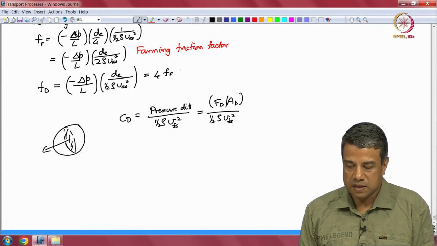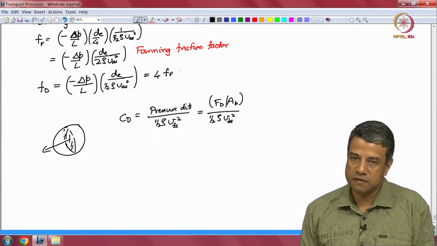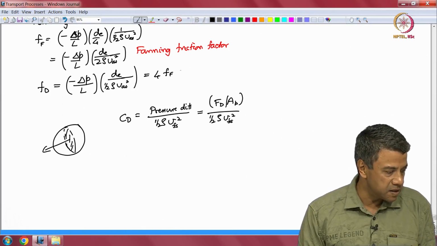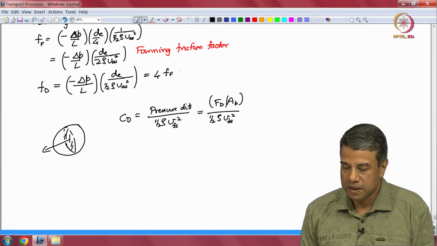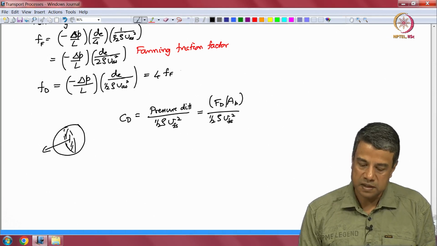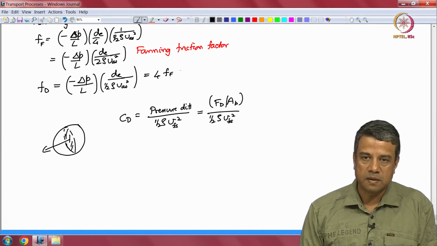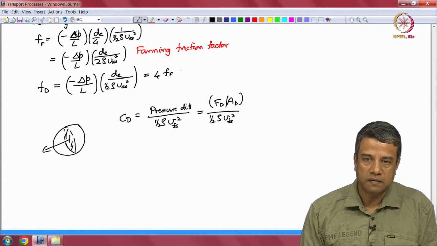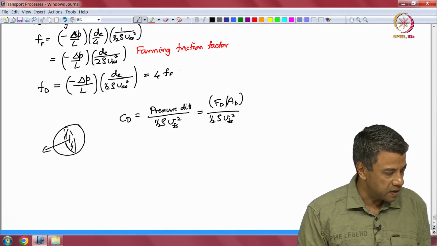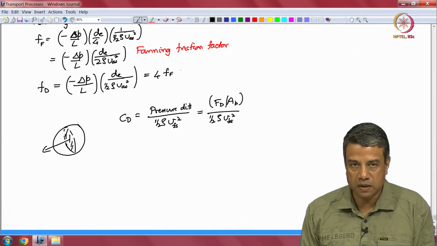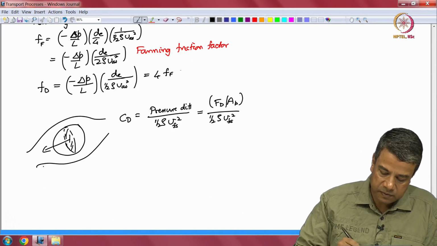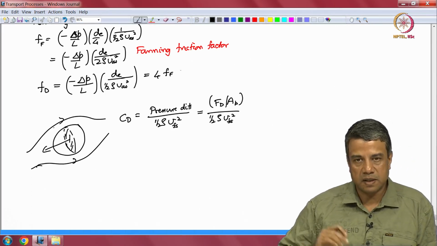In which case the drag force divided by projected area is the average pressure difference between the upstream and the downstream sides, and that is scaled by the kinetic energy per unit volume based upon the free stream velocity, that is the relative velocity between the particle and the fluid far from the particle. So, this is how the drag coefficient is defined for flow around an object for cases where the motion of this object causes a substantial deformation of the fluid streamlines around the object.